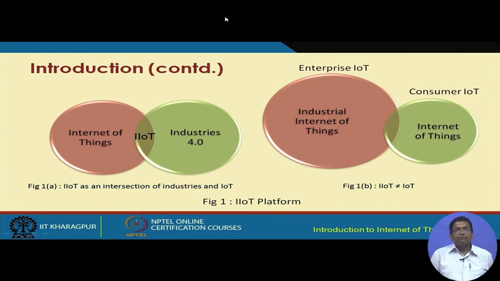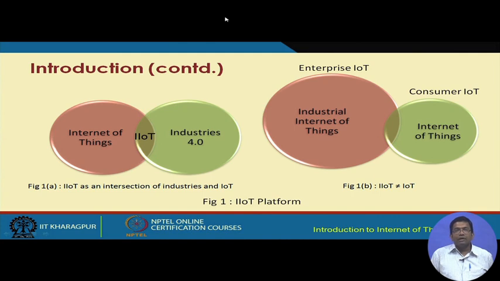We have already understood that IIoT combines features from IoT and Industry 4.0. It is not IoT as such. We have to understand this. Certain features have been borrowed from IoT, but it is not IoT.